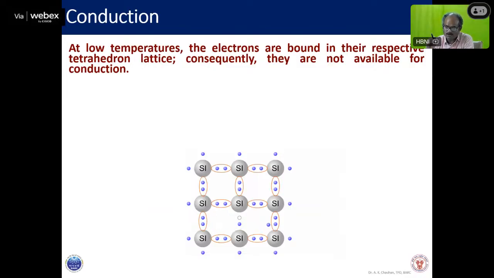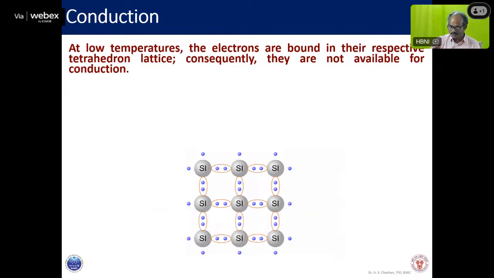Since electrons are not available, we know from the first or second slide that it is absolutely essential to have electrons in order to have conduction. Now, since electrons are not there, it will not conduct. It is totally zero energy, if we forget the zero point energy for the time being for this discussion.